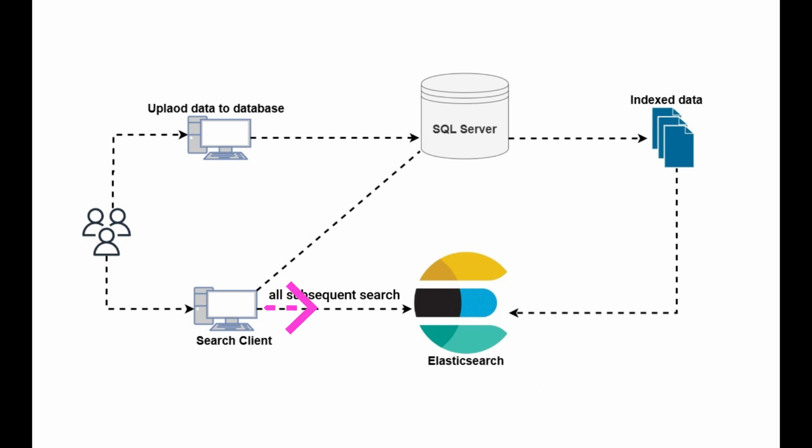After data is indexed, all subsequent search requests are handled directly by Elasticsearch. The search client interacts with Elasticsearch to retrieve data quickly without querying the SQL Server again. Elasticsearch supports full-text search by breaking down large pieces of text into searchable tokens. Alright, now that you understand how Elasticsearch works, let's dive into a real-world scenario to implement all these features.